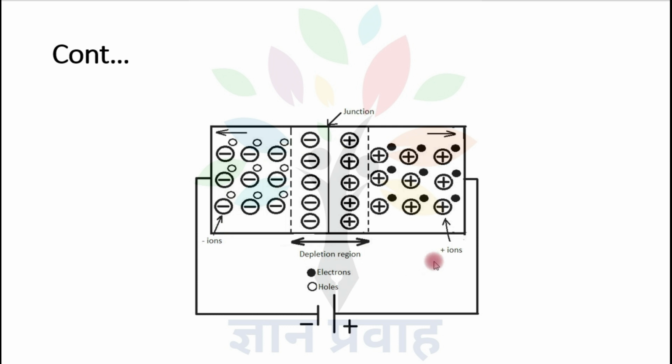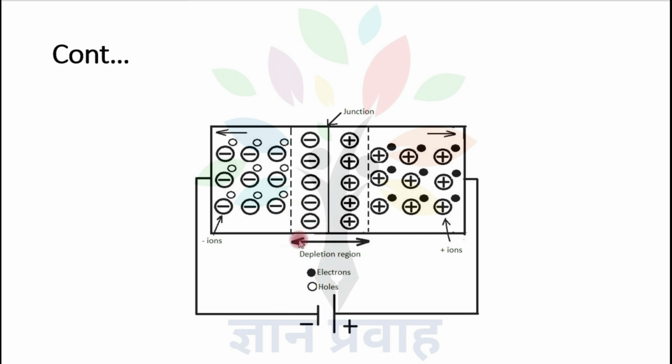This is the schematic for the reverse bias PN junction diode. Here the battery negative terminal is connected to the P side material and the positive terminal is connected to the N side material. Electrons are negative charges, so they move towards the positive terminal of the battery, and the holes are positive charges, so they move towards the negative terminal of the battery.